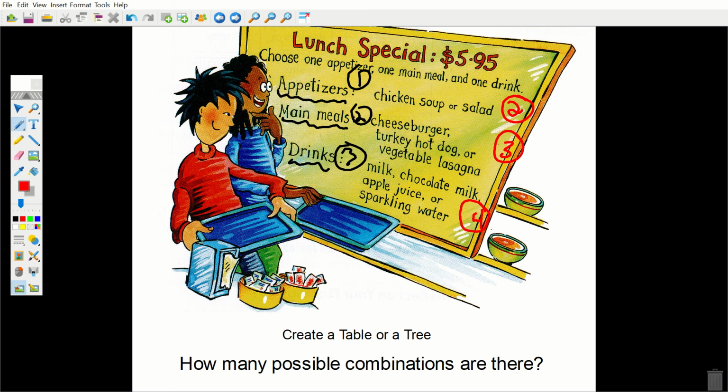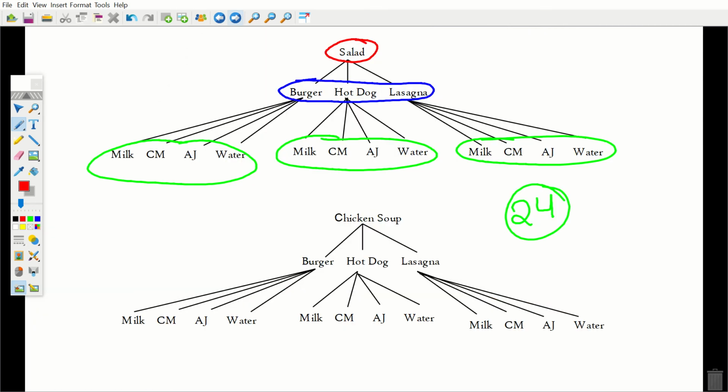So this is how you do it. Rather than make this whole entire massive table, you can go: you can have 2 events here, times 3 different events here, times 4 events here. So 2 times 3 is 6, 6 times 4 equals 24.